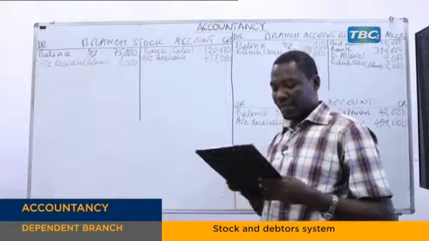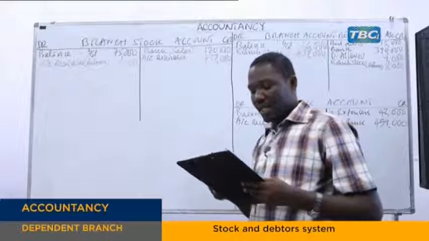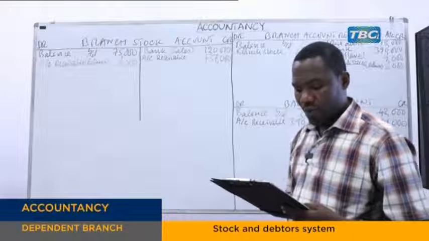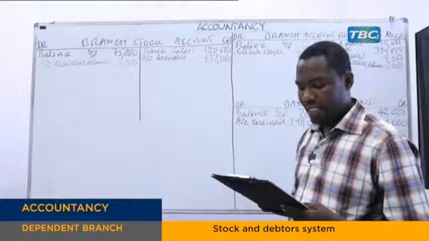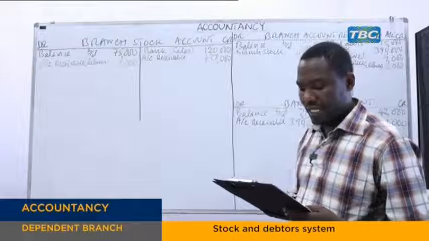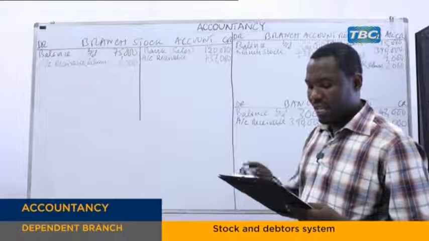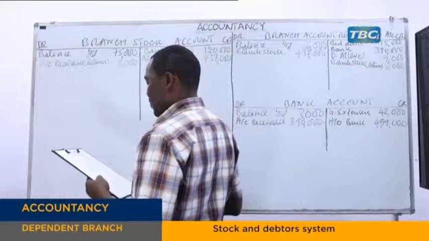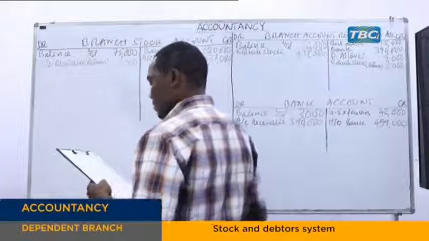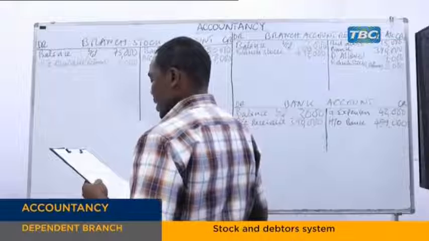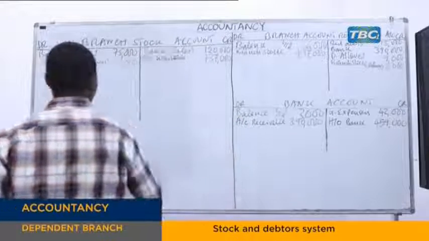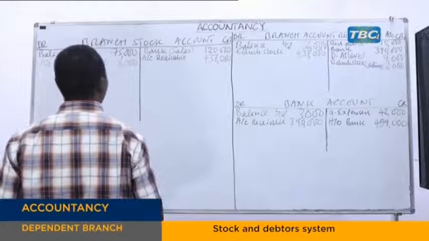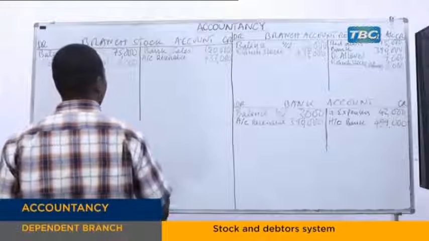Then the next item was goods returned from branch. So this is a return from branch to the head office, 3,000. If it is a return to head office, then it should be credited in the branch stock account and debited to goods sent.